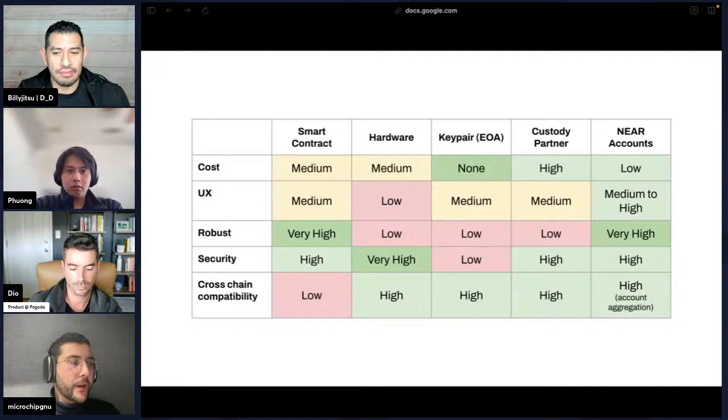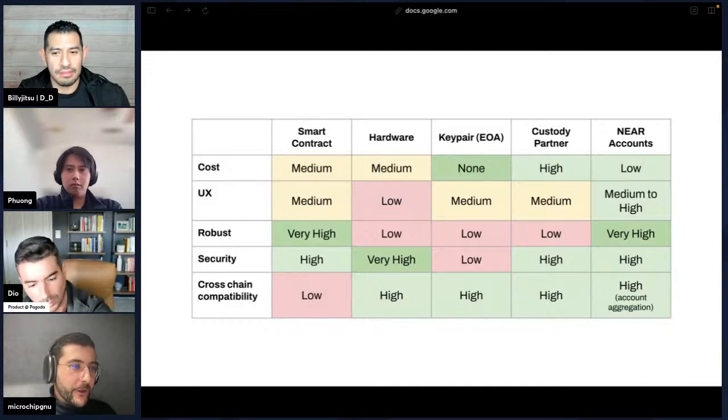And then there's the possibility of cross-chain compatibility on Near that makes me very excited. I mean, this pretty much covers a lot of these things. Like the UX, you could see that Near is also really high on user experience, compared to other things like hardware wallets, where you still have a lot of the process with a physical device, and seed phrases, and managing different accounts.